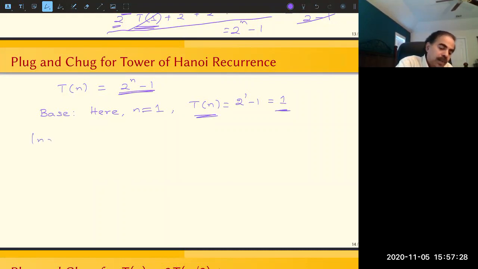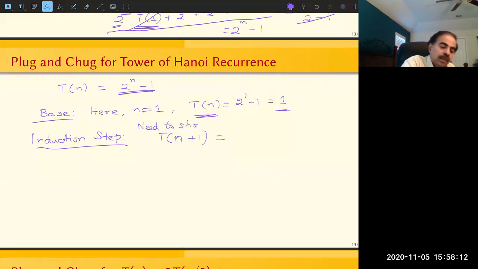So now we do the induction step. In the induction step, we need to prove T of n plus 1 equals 2 to the power n plus 1 minus 1, right?